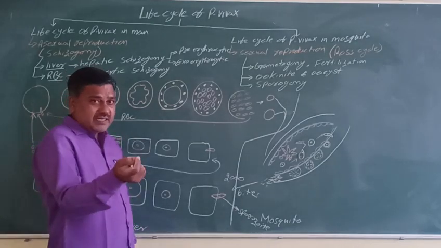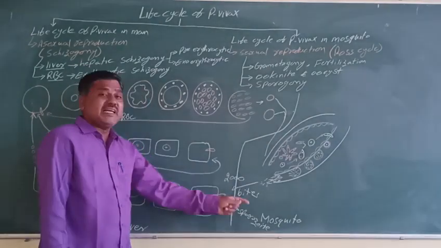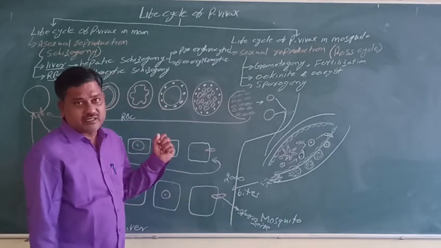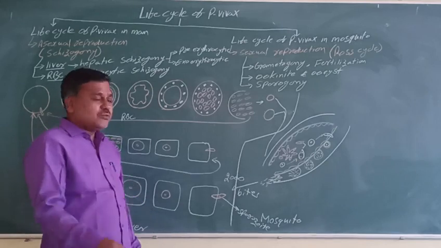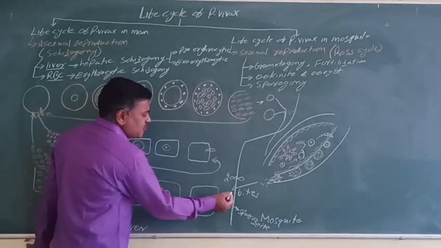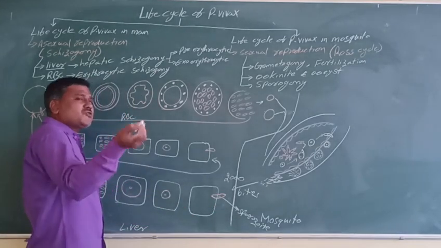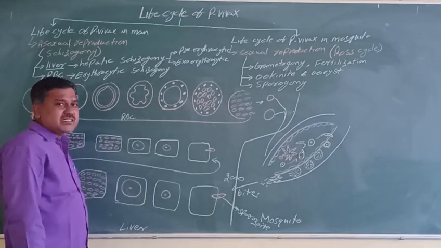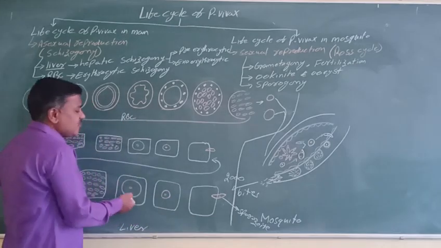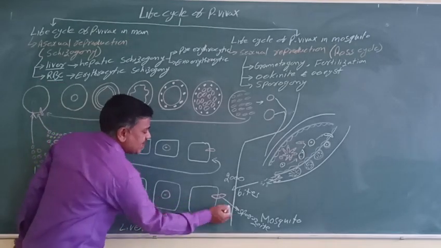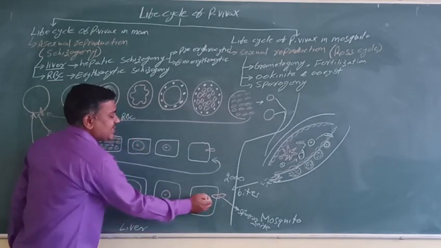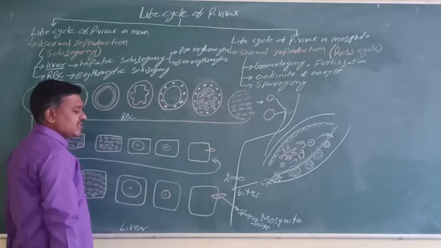Through the blood, these sporozoites enter into the liver. All sporozoites enter into the liver cells, but here I am taking only one cell's example. So this sporozoite goes and infects the liver cell.